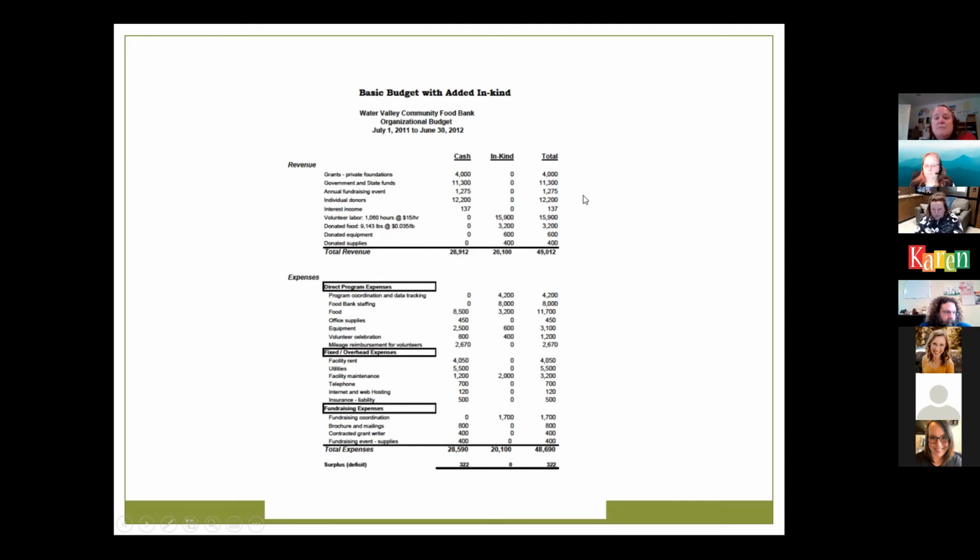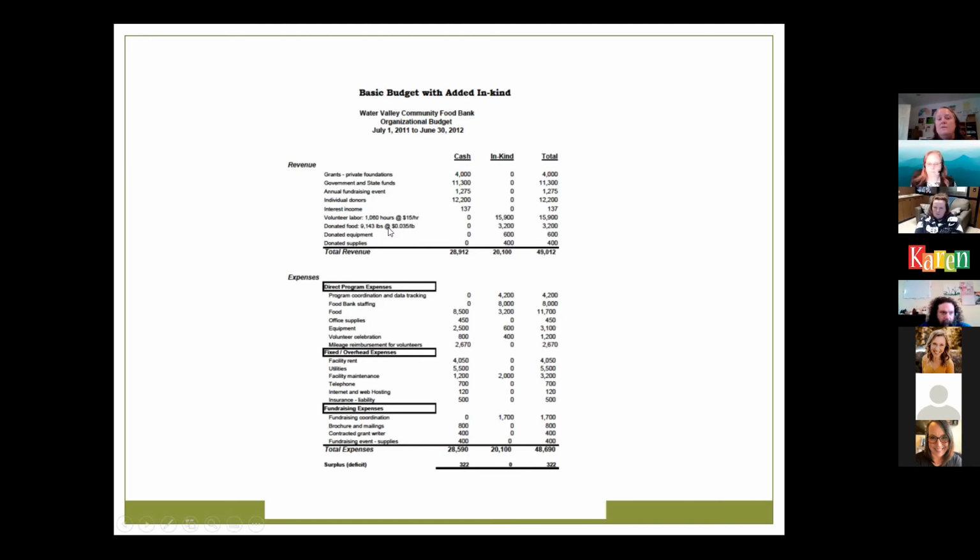So this is a much better resource picture with adding in kind. And now we have a much better sense of what they're doing and how much resources actually pass through this organization in the year. Pretty cool? Now, to get that to work, what did we have to do? We had to track what was the volunteer labor that we actually had and how many pounds of food we brought in.